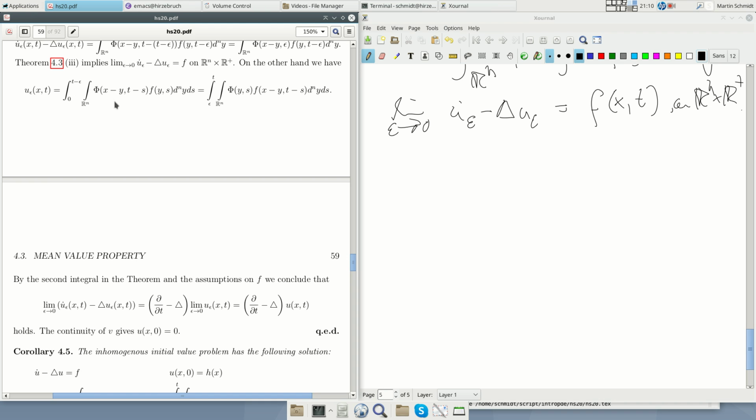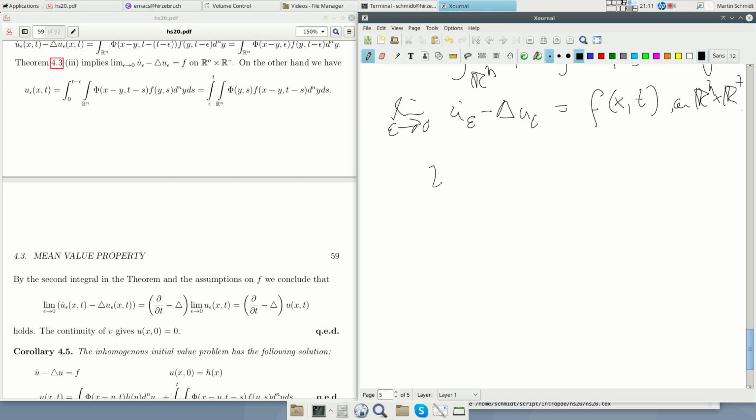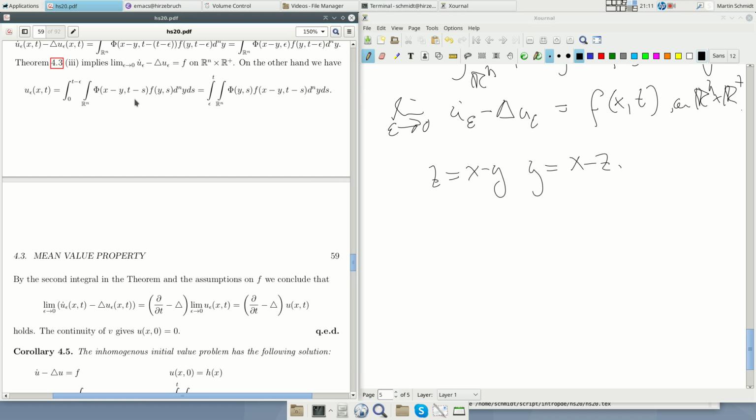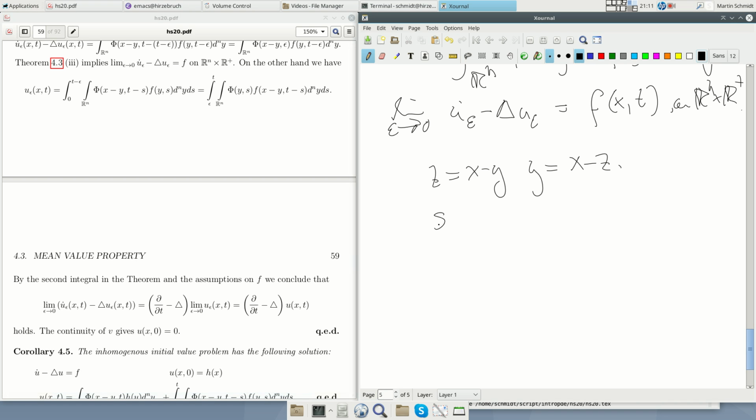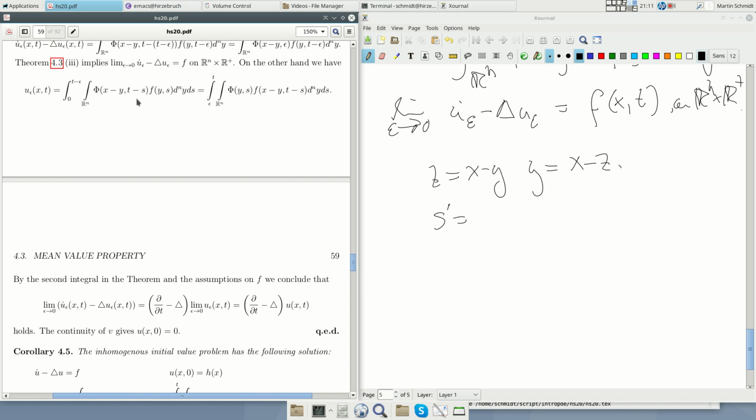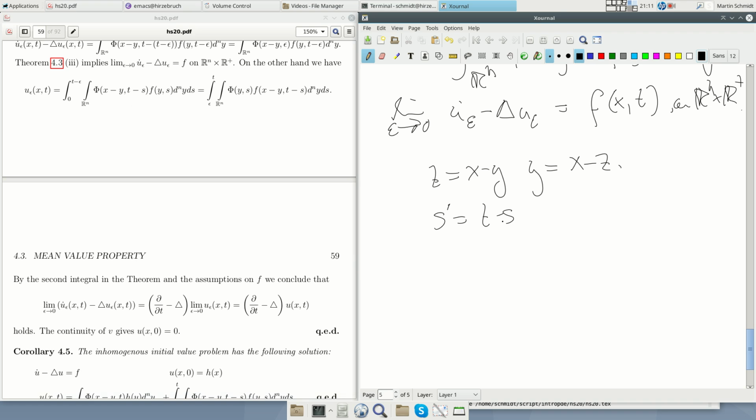Of course, we call here t minus s, s. Also we make z equal to x minus y, so y is equal to x minus z. This is the first transformation. And the second transformation for the t,s, we call s prime, is equal to t minus s.